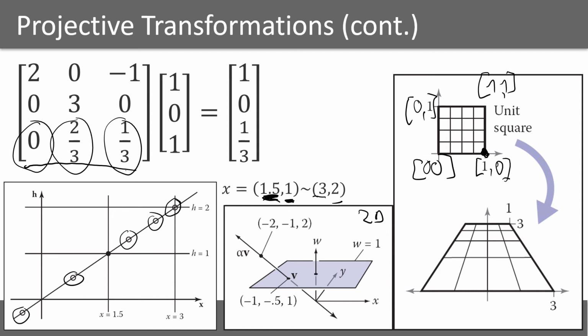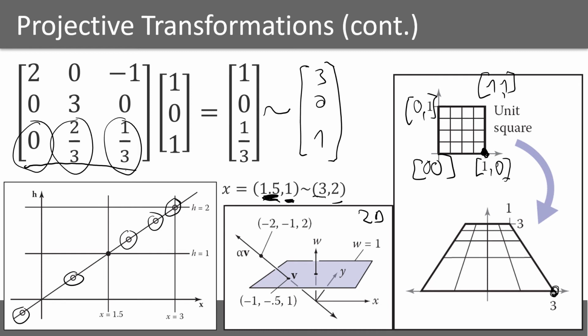So this will correspond to a point which is 1, 0, 1 third. If we then divide by this coordinate to get the w value 1, this will be equivalent to a point 3, 0, 1. So the projective transformation with this matrix will map the point 1, 0 into point 3, 0.